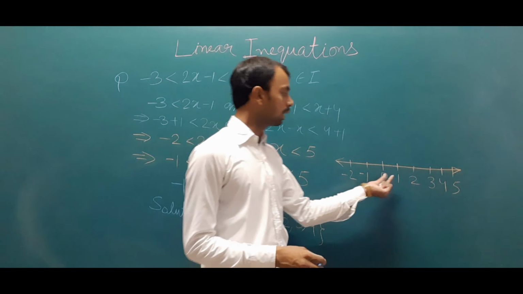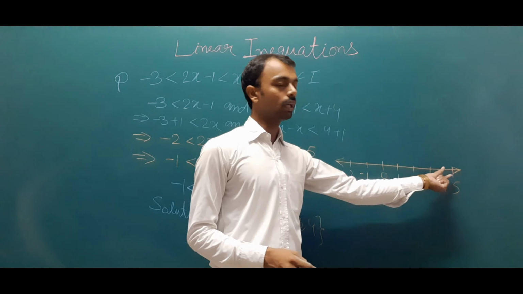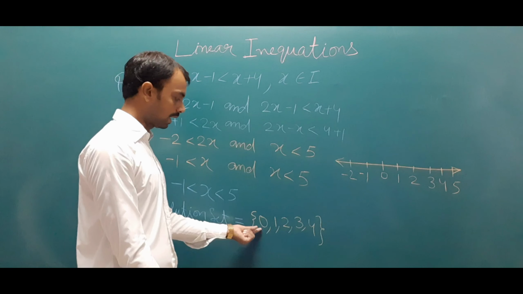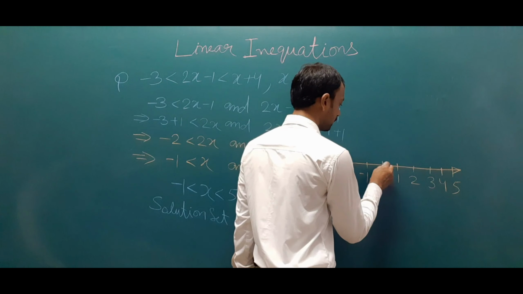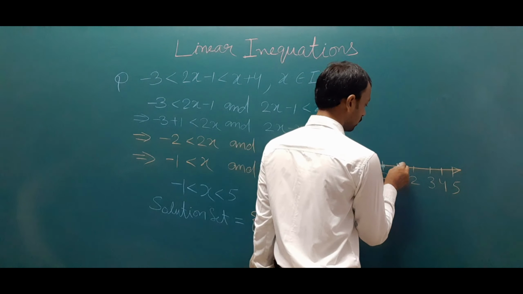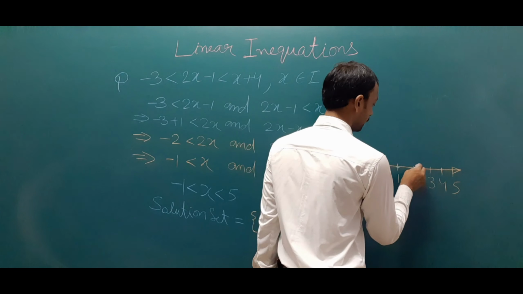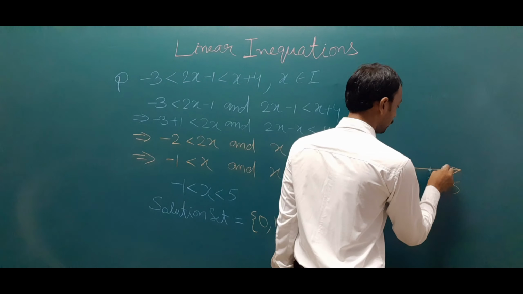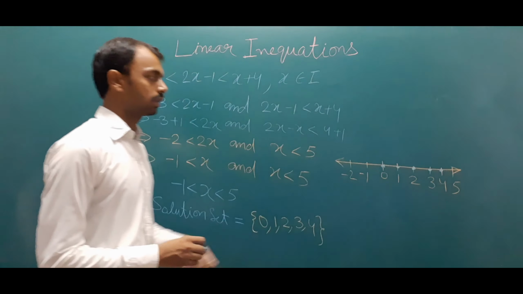In real numbers, we take all the values of the number line, but here we have to take only the values of the solution set, that is 0. We will represent it by darkening the numbers, 0, 1, 2, 3 and 4. So this is our solution set.